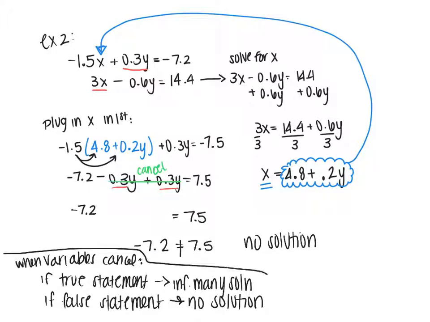So if your variables cancel, that's when you have infinitely many or no solutions. If not, like example 1, it's just some point, the point xy.